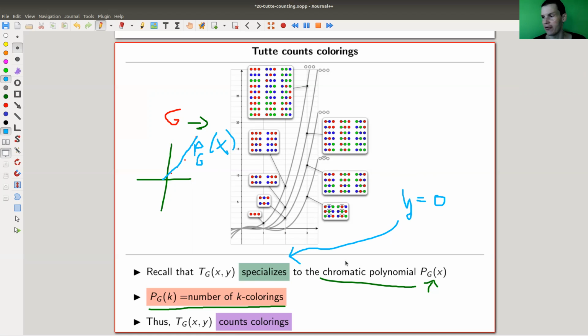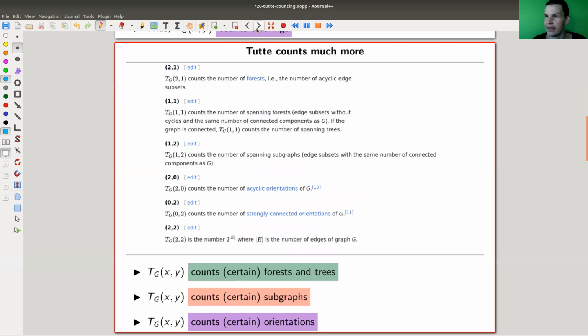But you might argue, okay, the other polynomial already counts this, so why do I need an extra variable? Well, now we really want to use the extra variable, right? So here y is 0, and whenever y is not 0, something different is counting, which is very, very great, right? You're counting colorings for one specialization, you're counting something completely different for another specialization. So here are completely different things you can count.